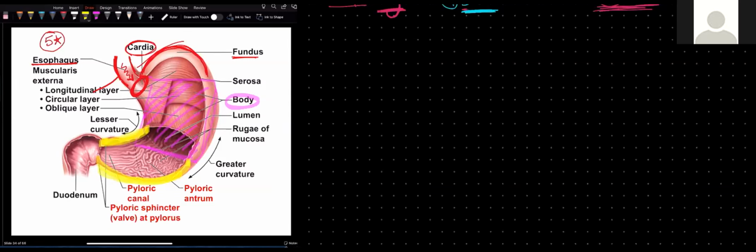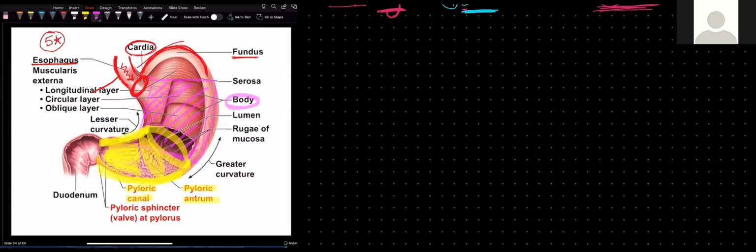If you see on here, the pylorus has an entrance. We call this the pyloric antrum. And I have a constricted region. We call this the pyloric canal.